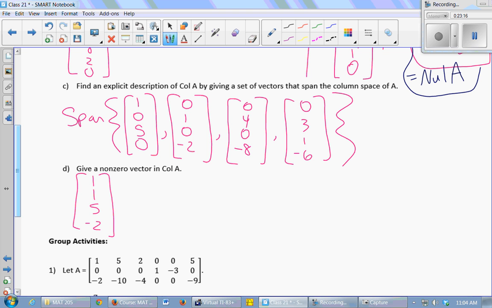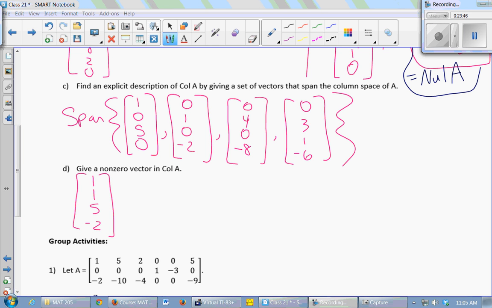Any linear combination of those four vectors will be in the column space. So there's basically two things that you can be asked about here. Given a vector, I could ask you, is it in the null space? Is it in the column space? Or I could give you a matrix and ask you to describe the null space, describe the column space. So that's what you're going to do in your group activities.